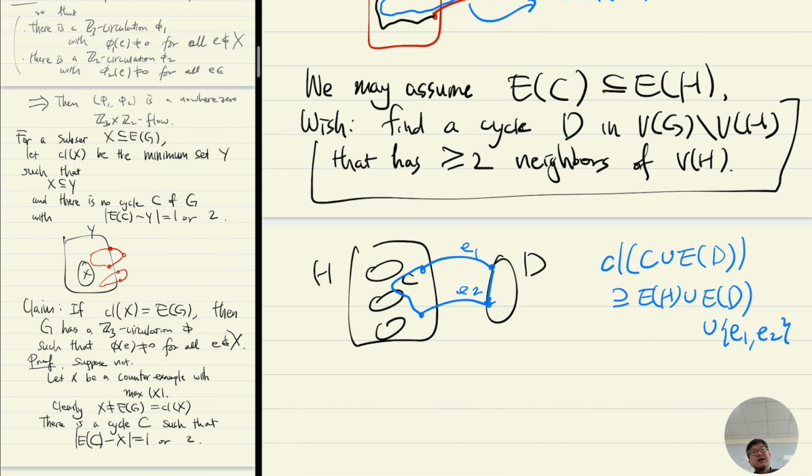And this gives me a connected subgraph of the closure, which is bigger than H. And that's a contradiction to the maximality of H. Okay? So that's the next goal. How do we find the cycle having two neighbors of H?